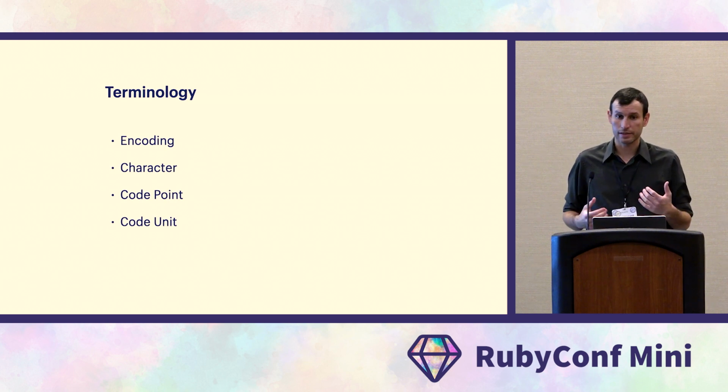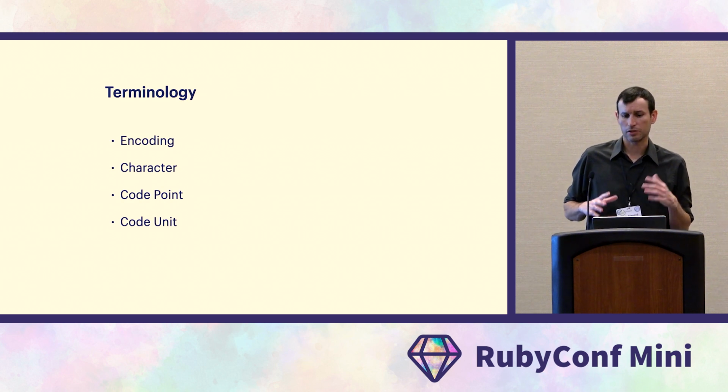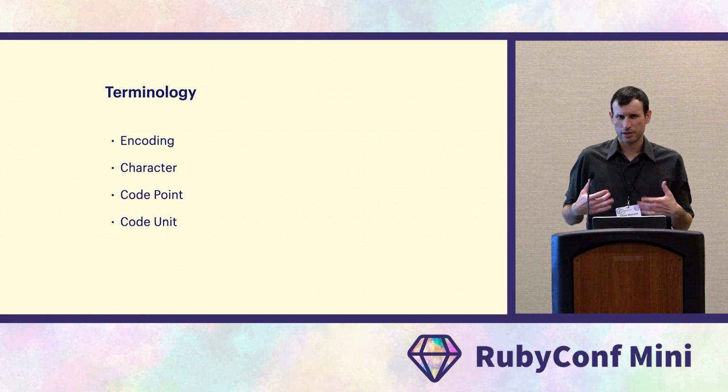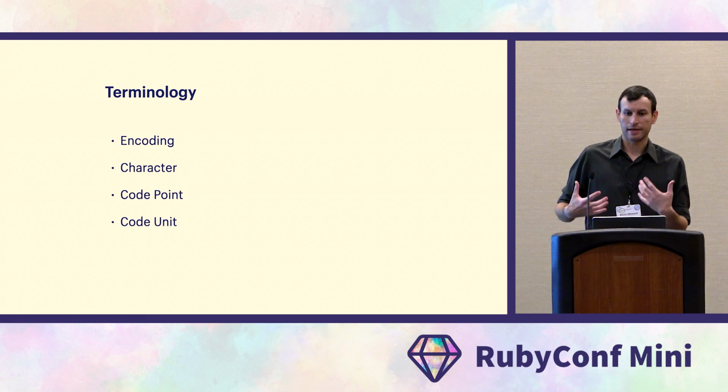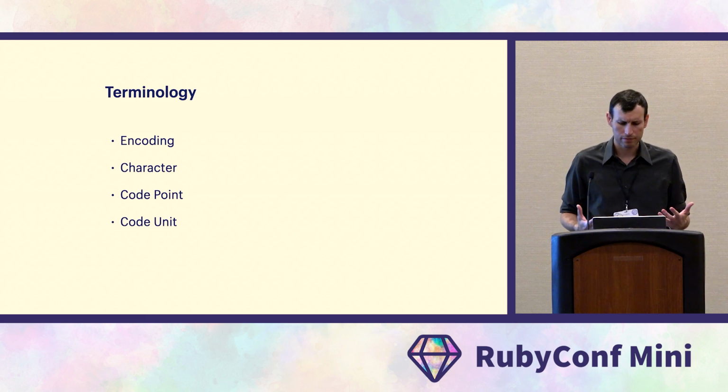And all a code point is an index to one of those characters. And then there's also code units, which we won't talk about too much, but code unit is just a fancy way of saying how a code point maps to bytes. So Ruby just uses bytes, but if you look at some of the Unicode stuff, they'll use the term code point, and you can just mentally substitute bytes for that.